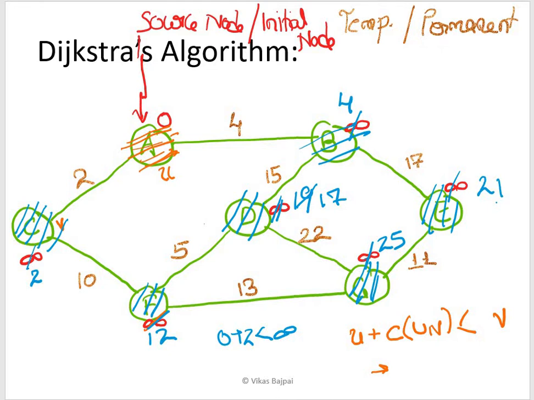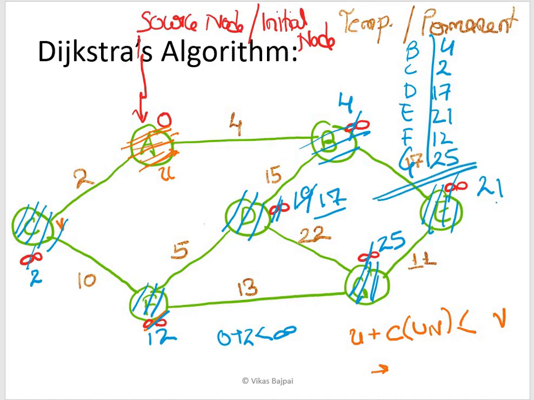So what we get is B, then C, then D, E, F, and then G. To reach B the cost will be 4, to reach C the cost will be 2, to reach D the cost will be 17, to reach E the cost will be 21, to reach F the cost will be 12, to reach G the cost will be 25.